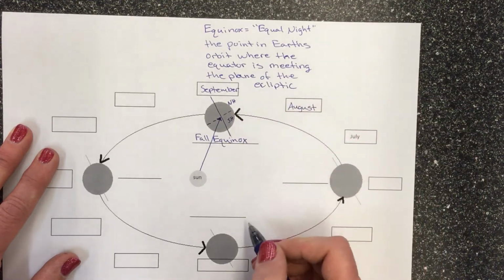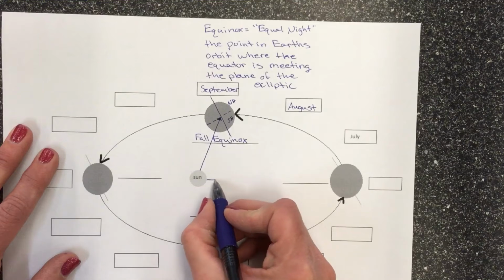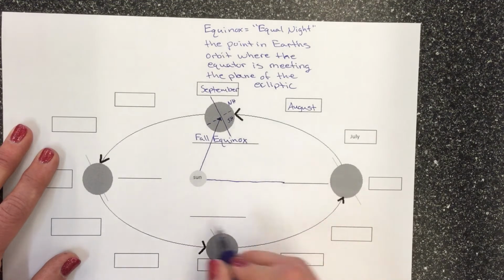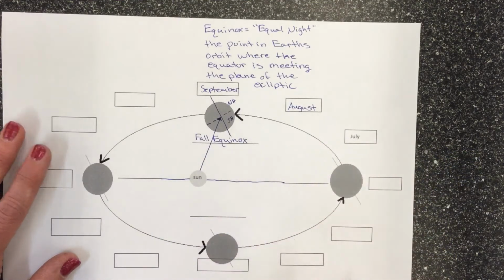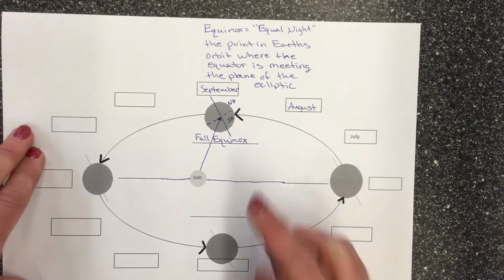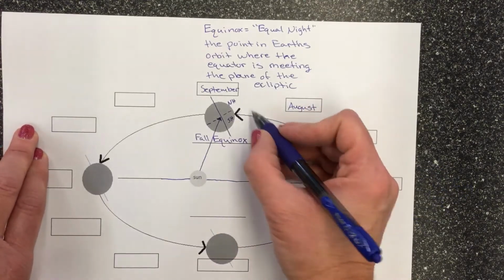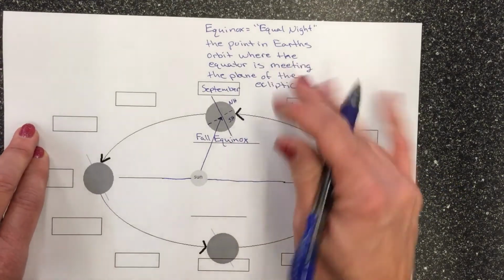The plane of the ecliptic is kind of this imaginary line that shows us where the most direct sunlight is coming out from the sun, okay? So the September equinox, the fall equinox, usually happens around the 21st.